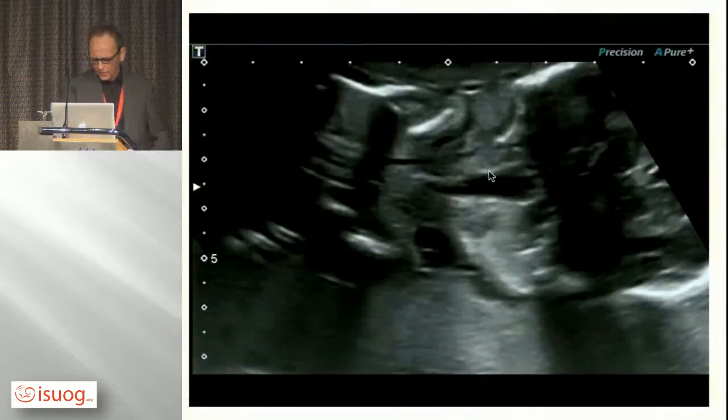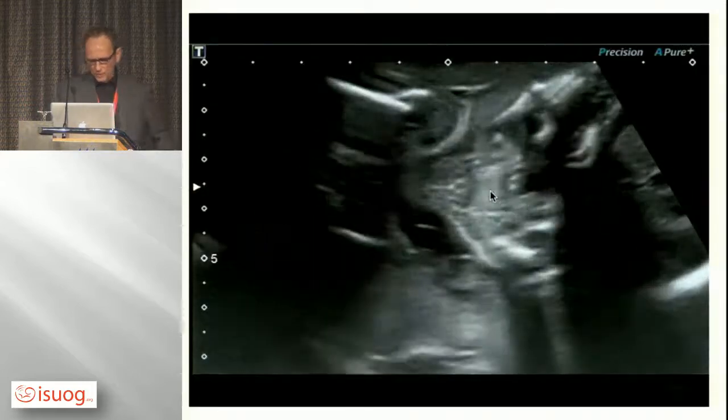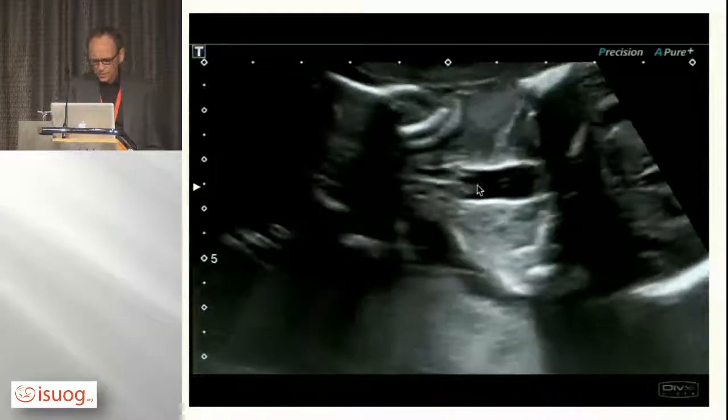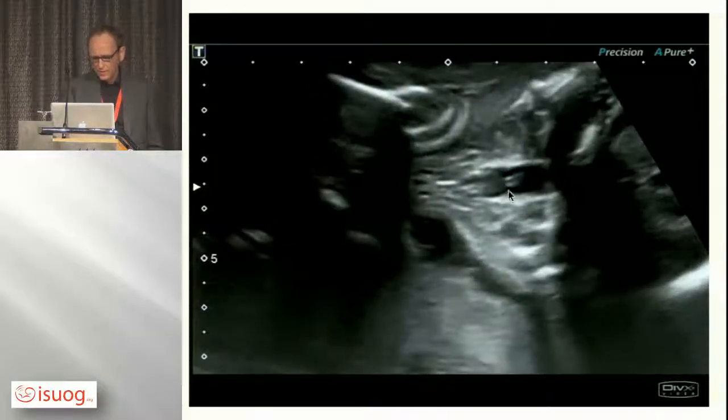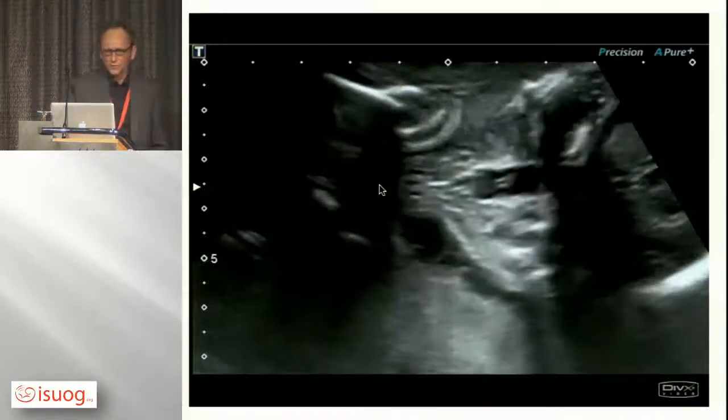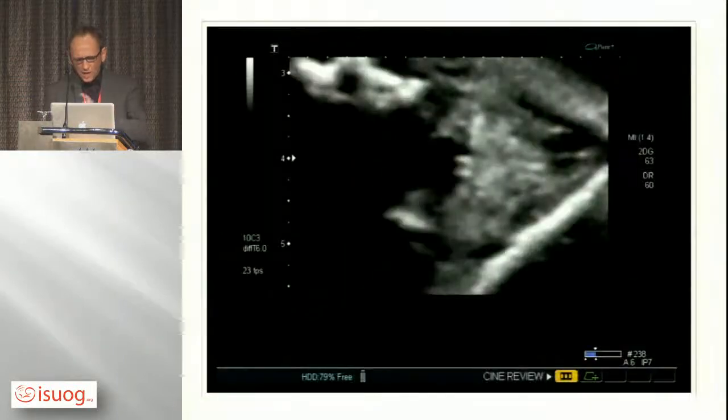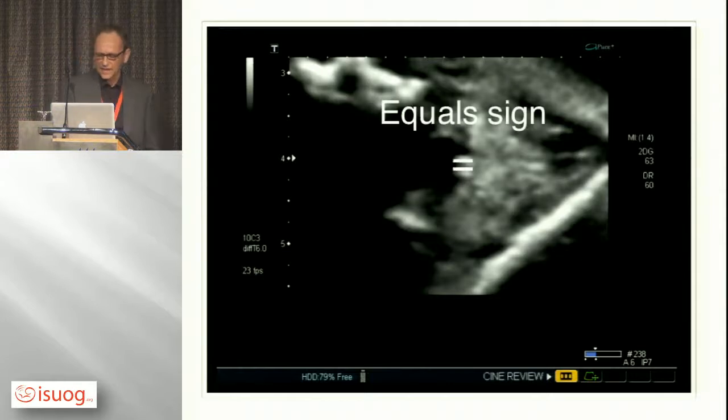So, the coronal section, here the head. We are searching here the epiglottis, and upon the epiglottis, you see here the equal sign again, the uvula. So, if you see the unremarkable uvula as an equal sign, be sure that the palate is intact.